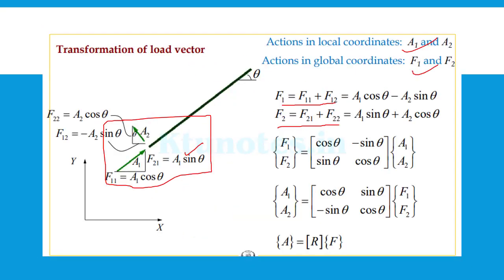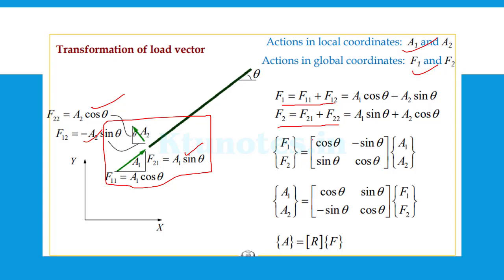And also f22 is equal to a2 cos theta, and f12 is equal to minus a2 sin theta. So these sign changes will happen due to tension and compression. Once you have plotted that one, you will find whether the element is actually shrinking or expanding, which will give you the signs.